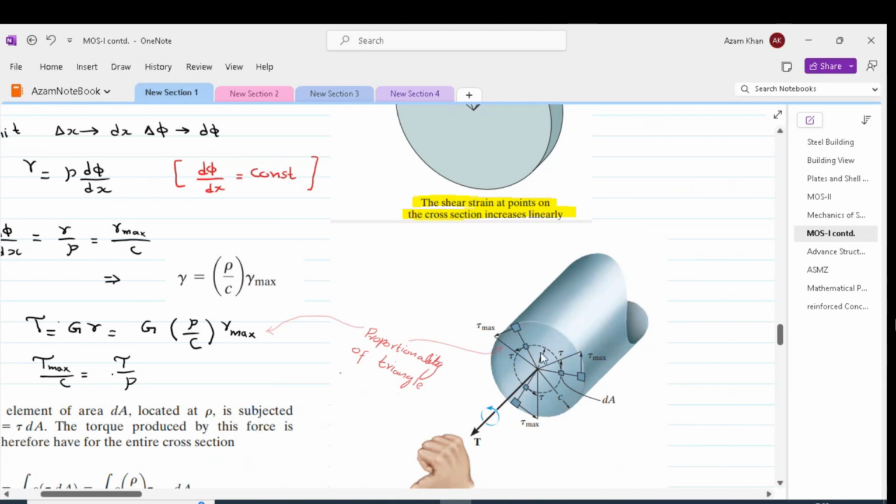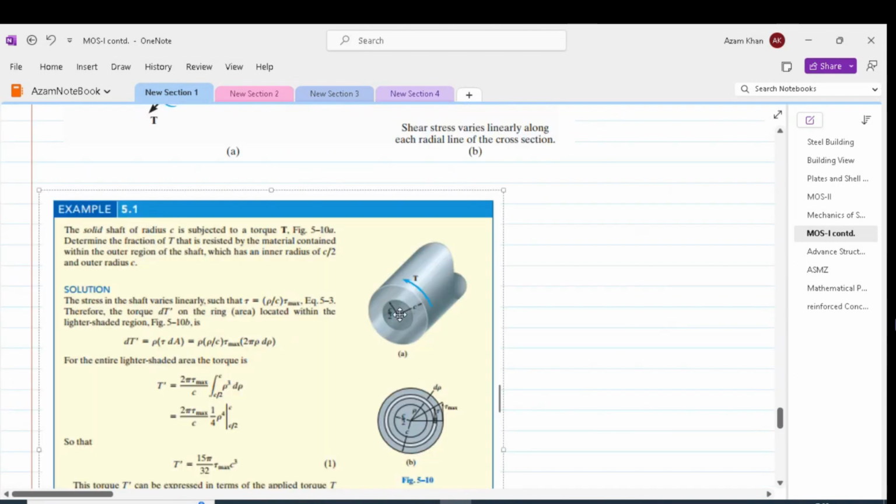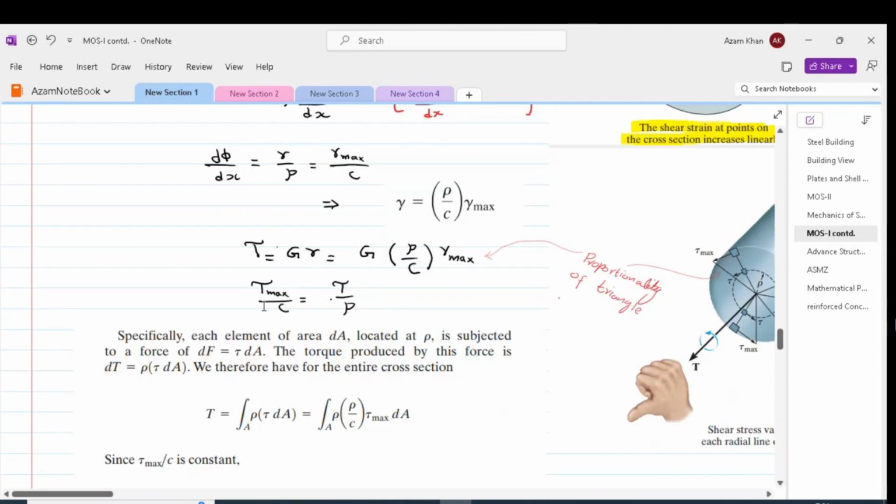In this question, we are asked how much torque will be resisted by the material between c by 2 and c. So first of all, we will have to determine the torque corresponding to the region between c by 2 and c. As we know, tau is equal to rho by c times tau max.